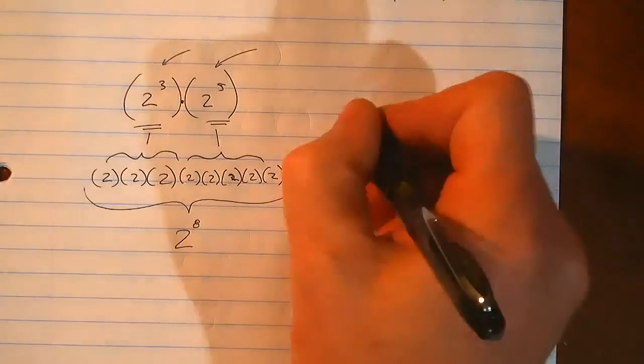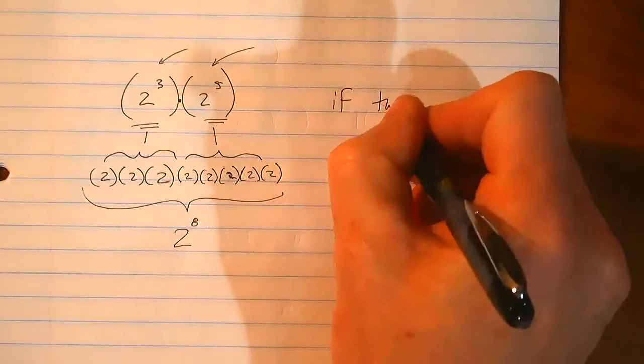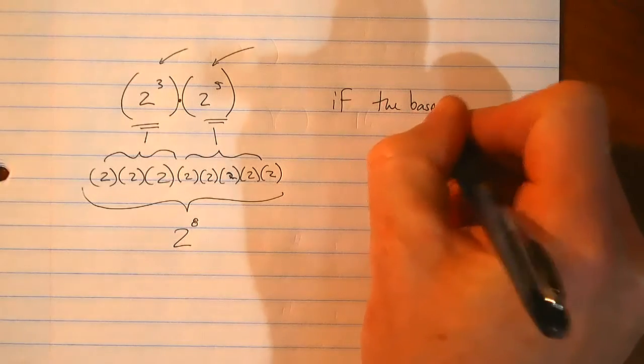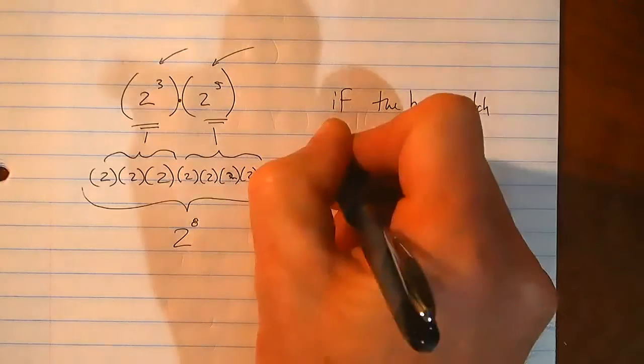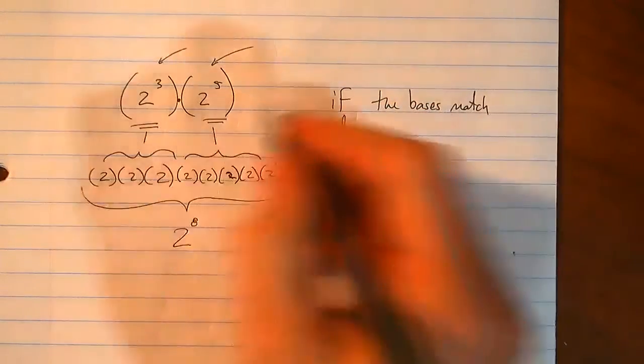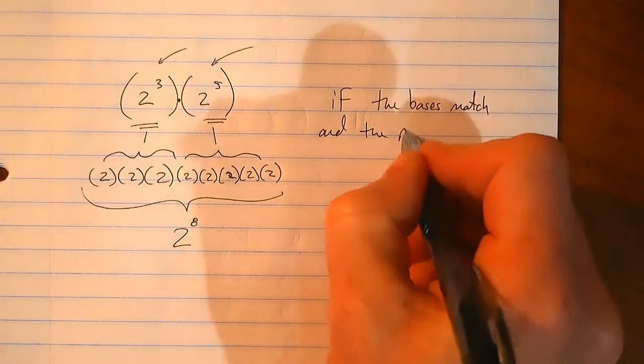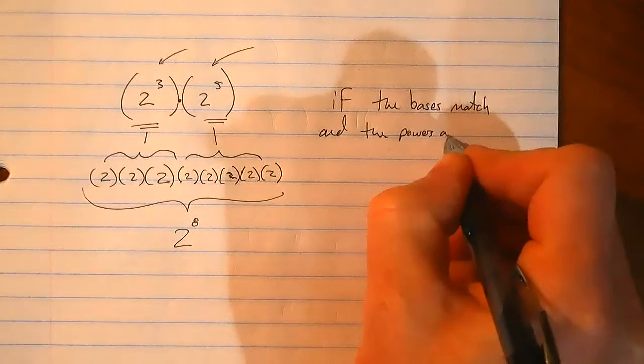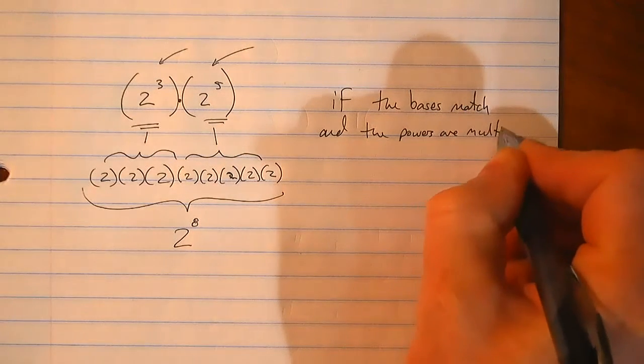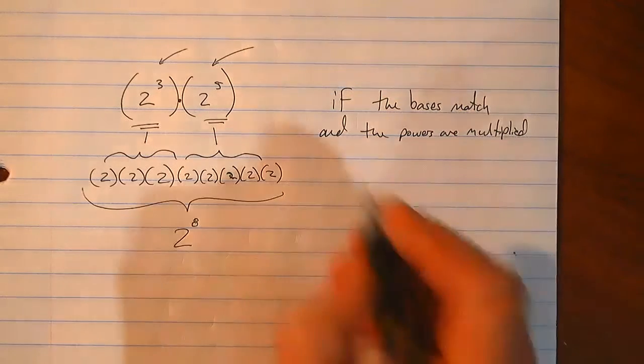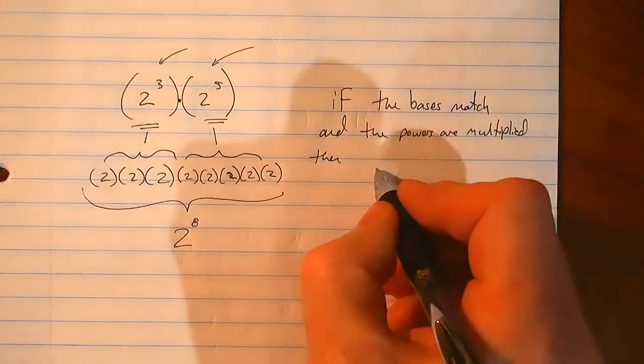And so that's what the product rule says. If the bases match and the powers are being multiplied, then we can add the exponents.